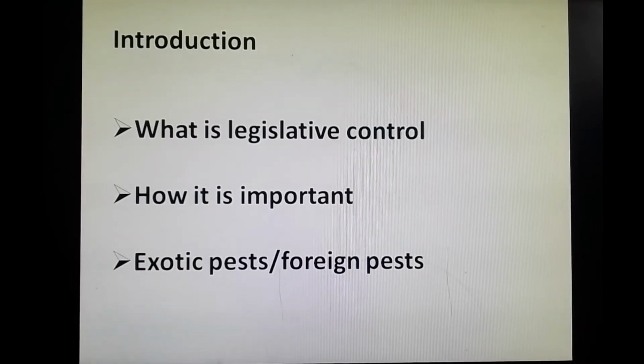Still, what is legislative control? It is the enactment of laws to regulate the entry, establishment, and spread of the pests.